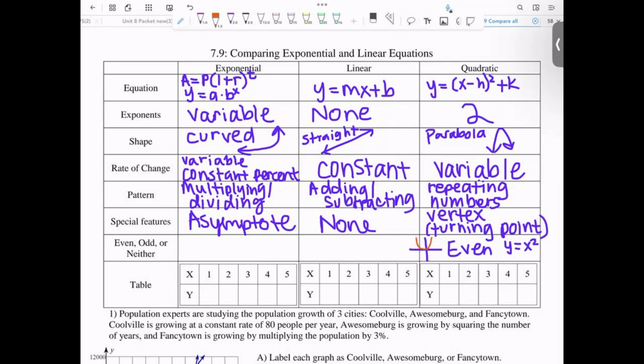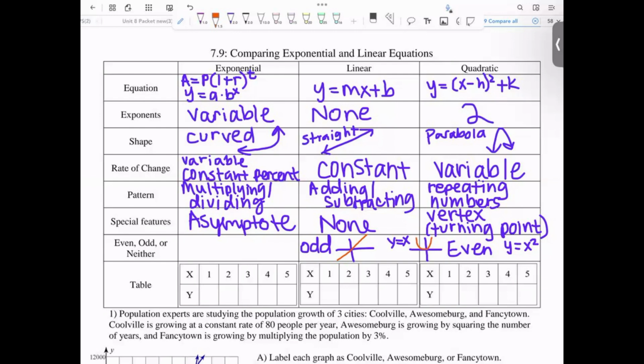That would be symmetric around the y-axis. Linear equations would be odd. Our linear parent function would be odd when we have y equals x. It would look something like that. Odd means that we can turn the entire graph upside down, and it looks the same.